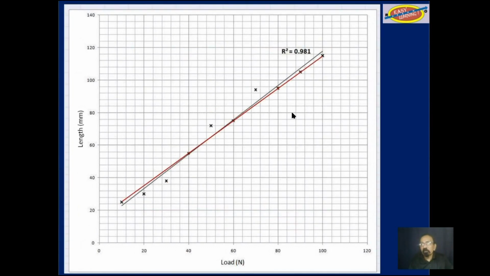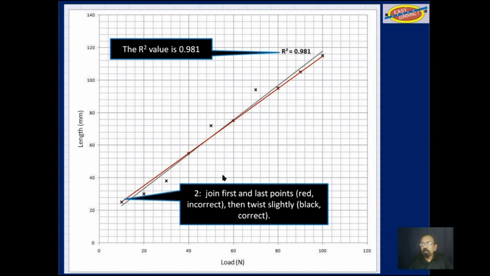Another thing you can do, the second thing you can try, is join the first and last points, as we did here in red. But then you will notice that your total points on both sides are not the same. So you twist that line slightly.